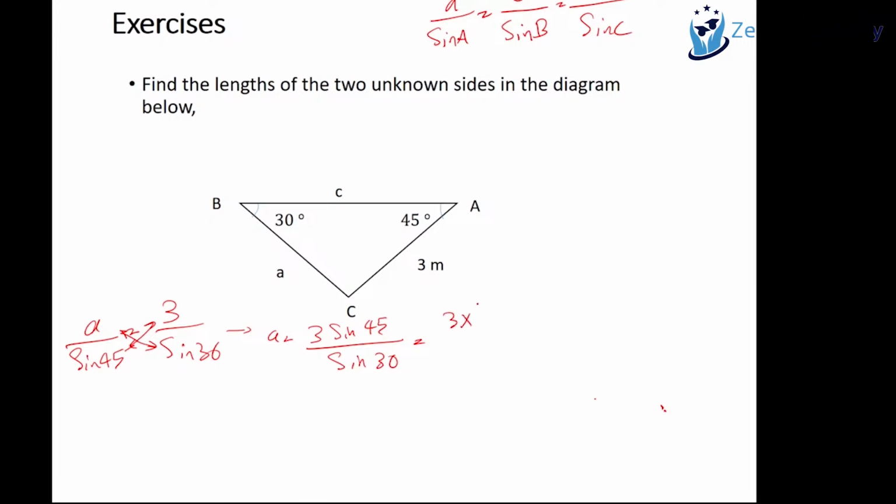So it would be 3 times square root of 2 over 2, over 1 over 2. So if I again use far to far, close to close, I'm going to end up with 3 square root of 2.